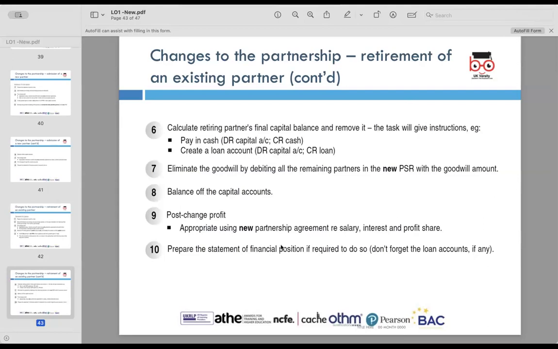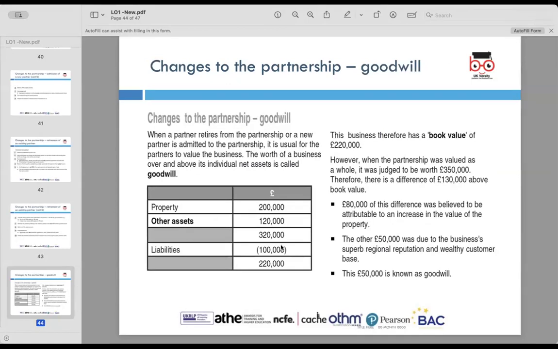Changes to the partnership: goodwill. Understanding goodwill in partnership changes. When significant changes occur in partnerships, such as the retirement or admission of a partner, it often necessitates a valuation of the business.